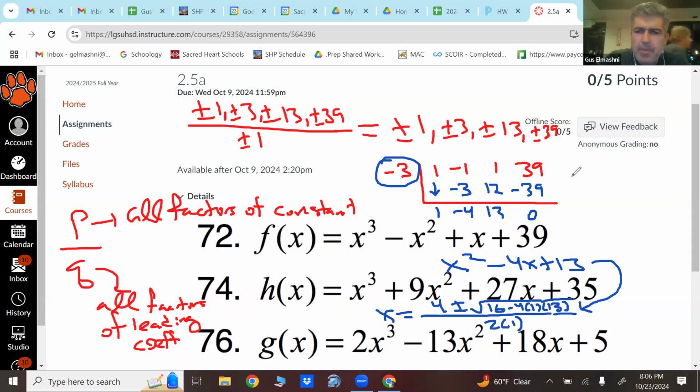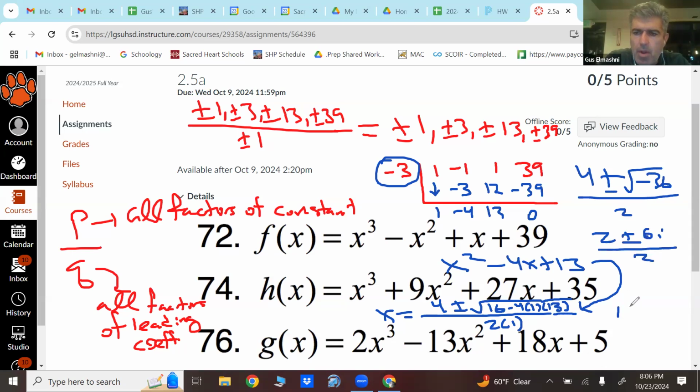And that should be 4 plus or minus root of negative 36, I think. Or 2 plus or minus 6i over 2. Or 1 plus or minus 3i.